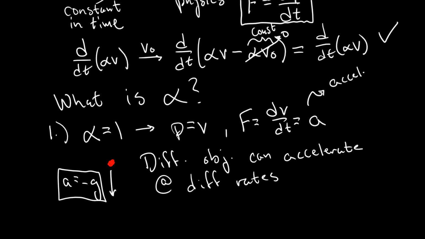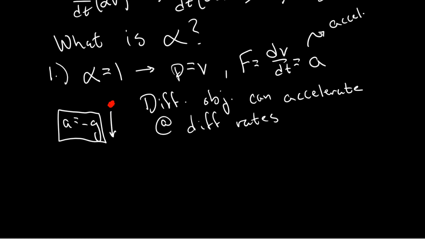But that doesn't necessarily give me any information about the push or pull on a different object. So in general, I'll have to measure the accelerations on every single object that I'm interested in, in which case I lose a lot of predictivity. I can't predict as much as I would hope with my theory. So while alpha equals 1 is perfectly valid, it's not the most convenient.